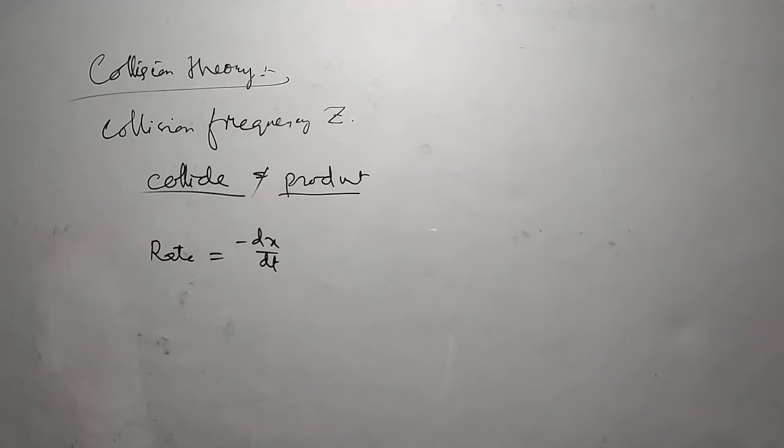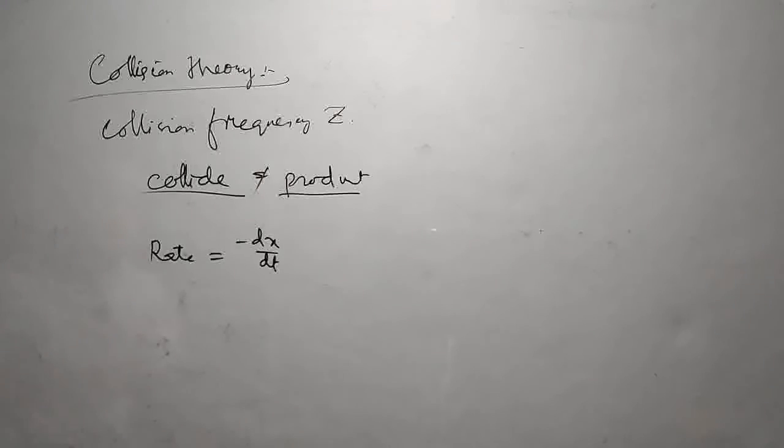According to the collision theory, the rate of reaction is directly proportional to the number of collisions per unit volume per second, which means the collision frequency, and also directly proportional to the fraction of effective collisions. Those are the proper orientation and sufficient energy, or the threshold energy.